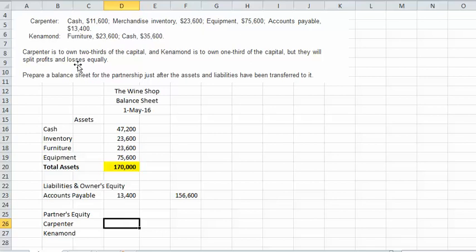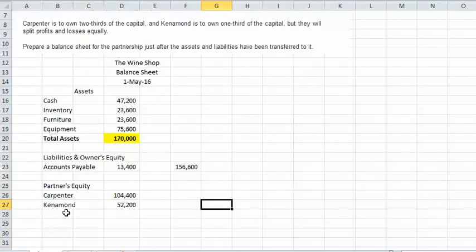So Carpenter owns 2/3, Kennemond owns 1/3. So over here, we're going to take 156,600 times 2 divided by 3. That's 104,400. The same figure times 1 divided by 3 equals 52,200. You can check this to see if it equals 156,600, and it does.